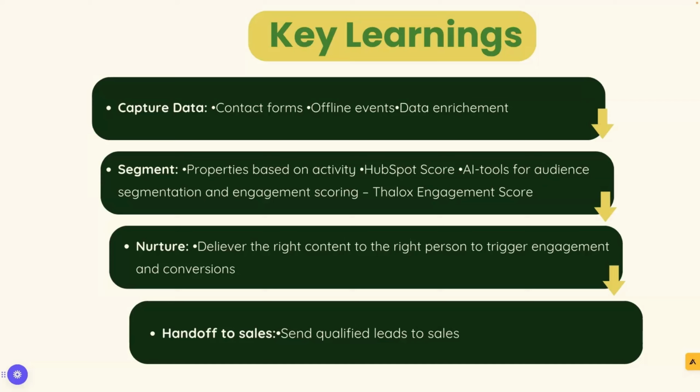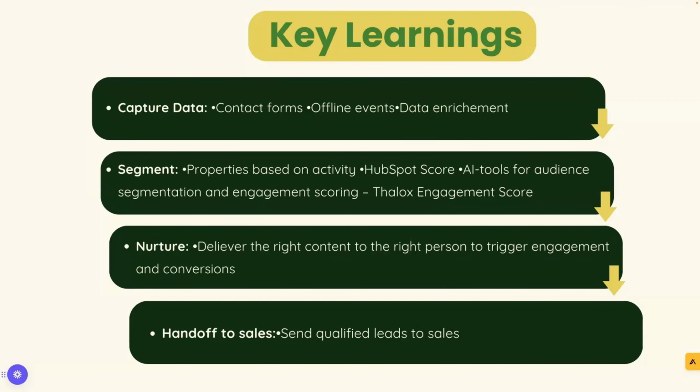And HubSpot is really great to log the implicit criteria. You can rely on your manual scoring, or you can rely on predictive scoring, which is predicting the likelihood to engage, and that's the integration that you can do with Thalox.